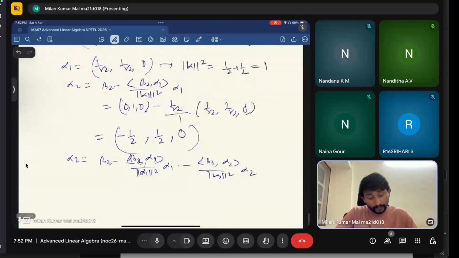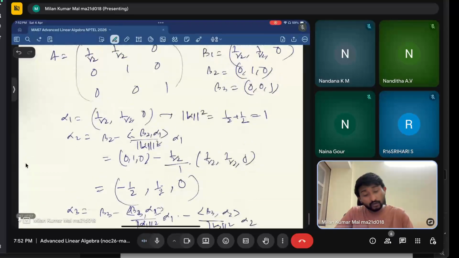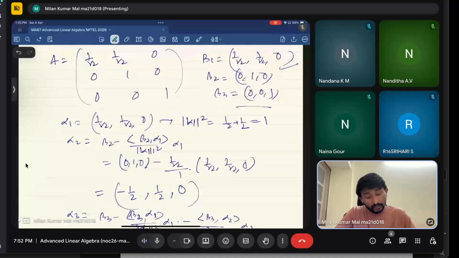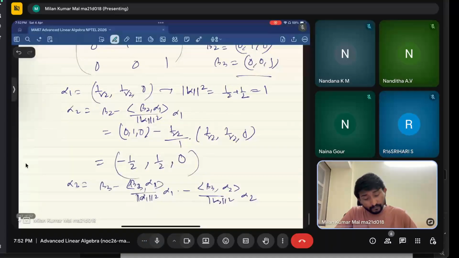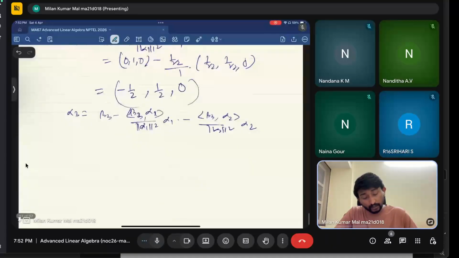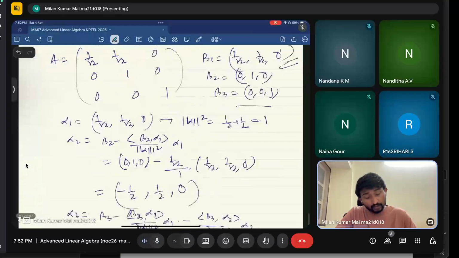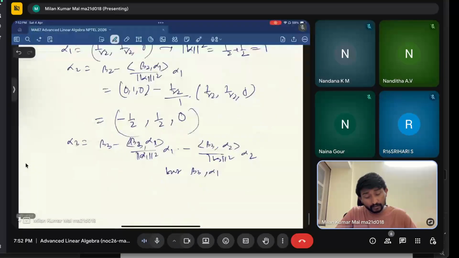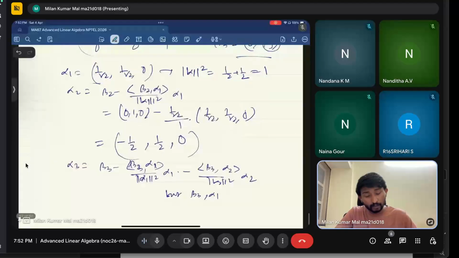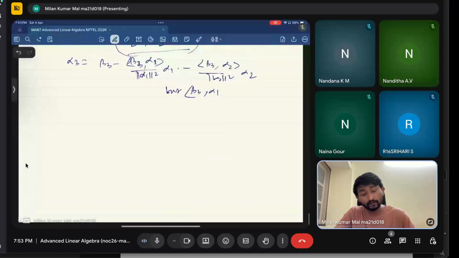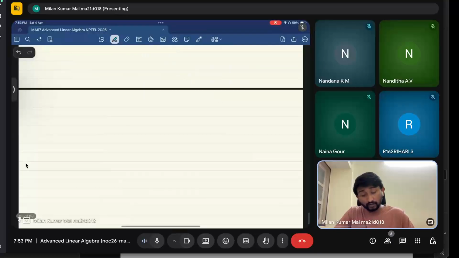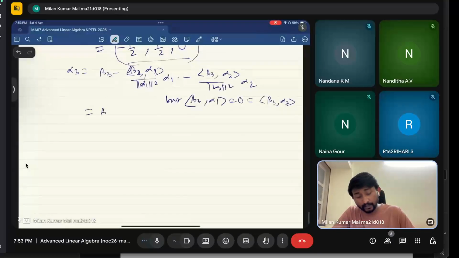Note the interesting fact that beta 3 is orthogonal to both alpha 1 and alpha 2, because beta 3's last entry is 1 and the first two entries are 0, while the last entry of alpha 1 and alpha 2 is 0. So the inner products are 0. Therefore what we obtain here is exactly beta 3, that is 0 0 1. So we get the orthogonal vectors.